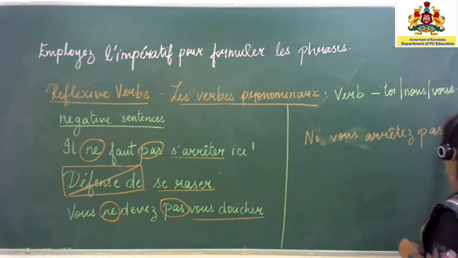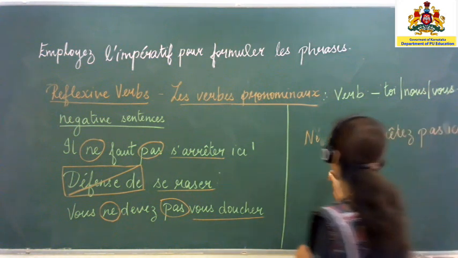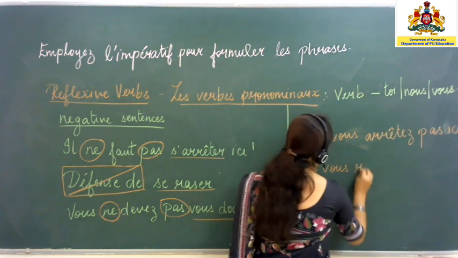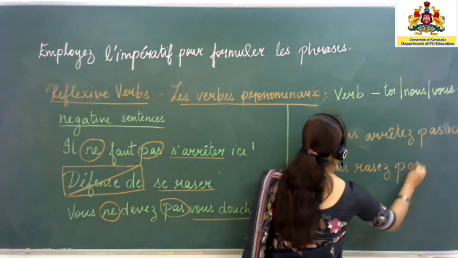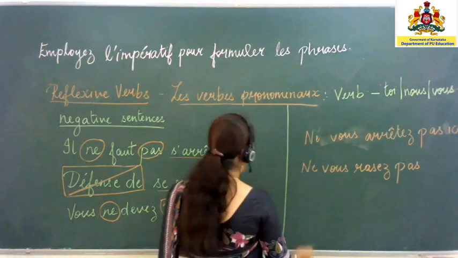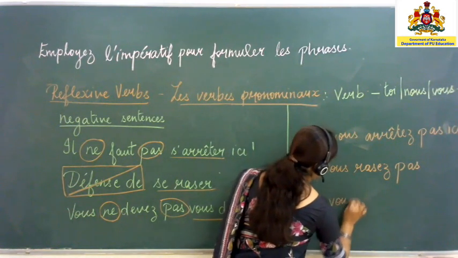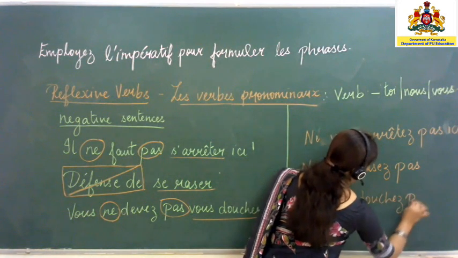Do not stop here. Ne vous arrêtez pas ici. The second one would be ne vous rasez pas, do not shave. And the next one will be do not have a bath. Ne vous douchez pas.